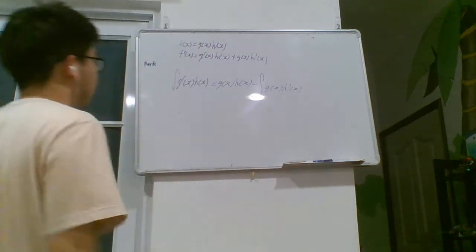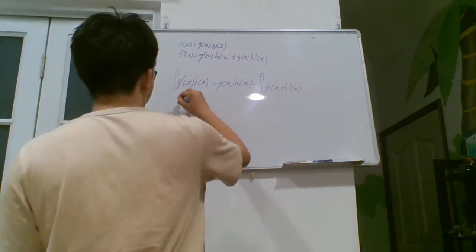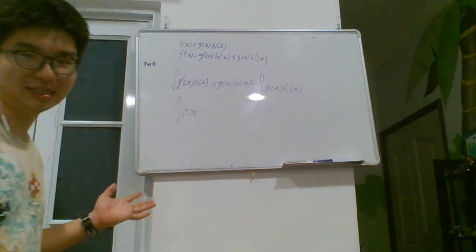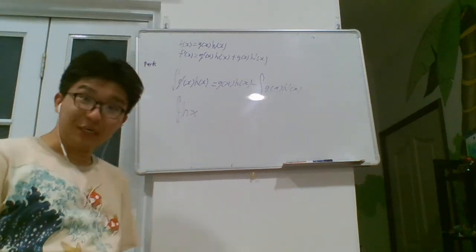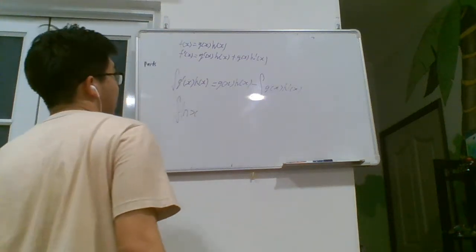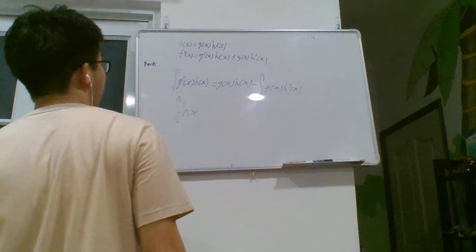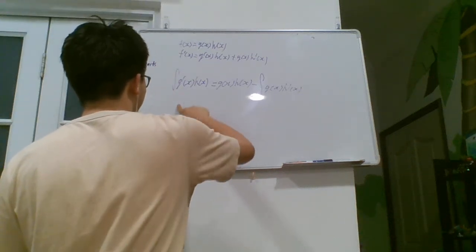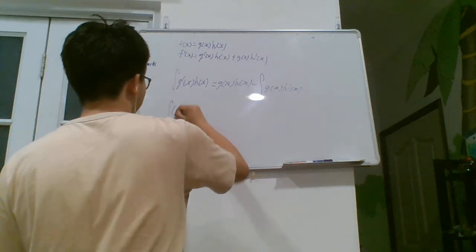Let's have a worked example. Let's say I want to find the integral of ln x. Haha, guess what? We are not taught this in our syllabus. But guess what? I will teach this to you. So let g prime x in this case be 1, because this is technically the integral of 1 times ln x.